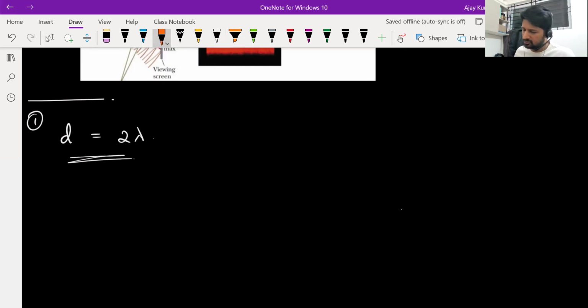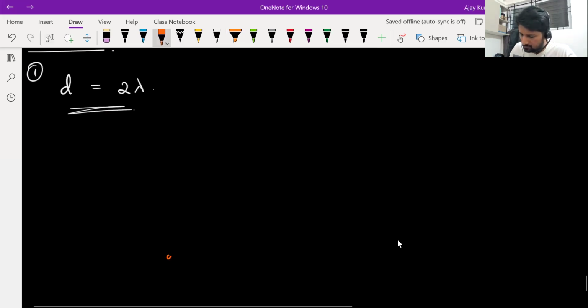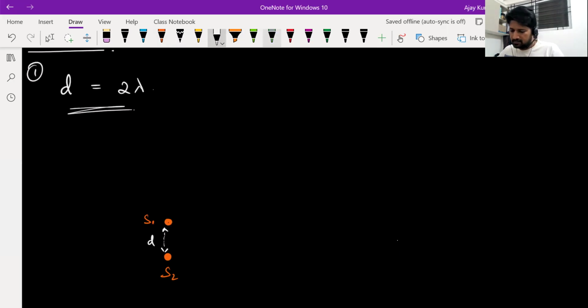Like if you consider two sources like this, the distance between the sources, if you take it as small d, then when you consider waves traveling almost parallel to the line connecting the two sources.